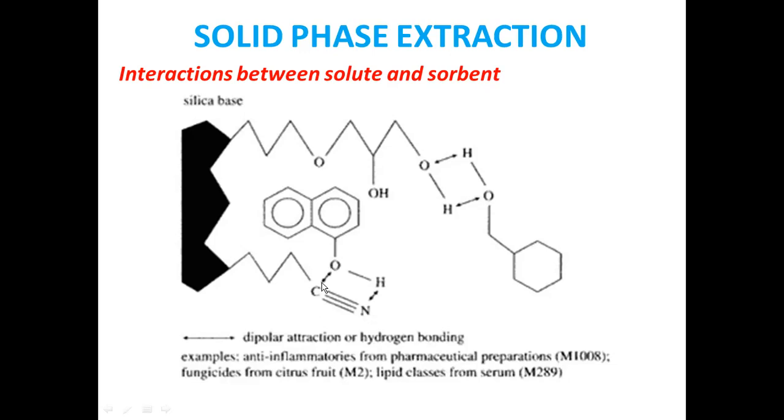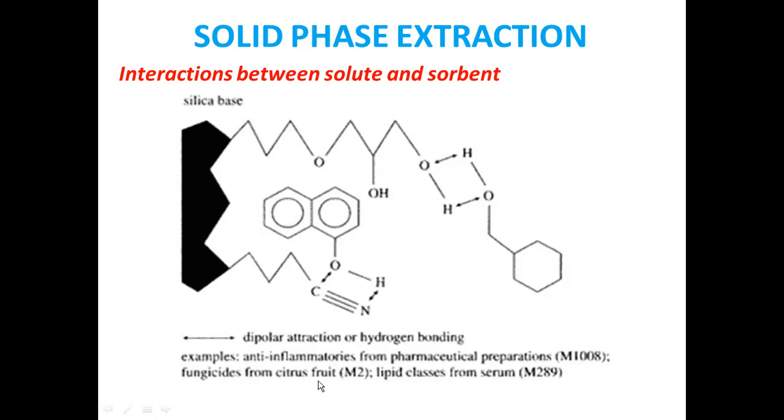Hydrogen bonding between nitrogen, hydrogen, oxygen, and hydrogen. So dipolar interaction is stronger. So this compound will be eluted first, before this. Hydrogen bonding is much weaker when compared to dipolar interaction, so the compound involved in hydrogen bonding will come out first, then this compound.